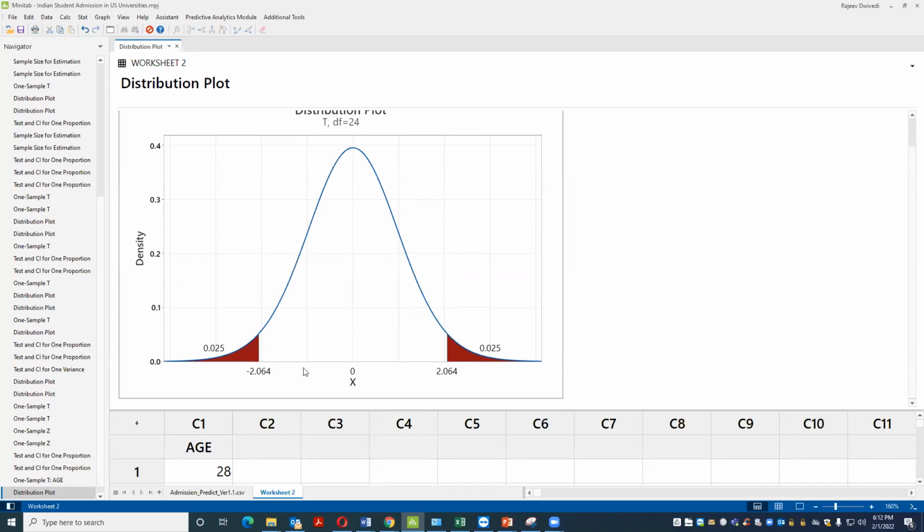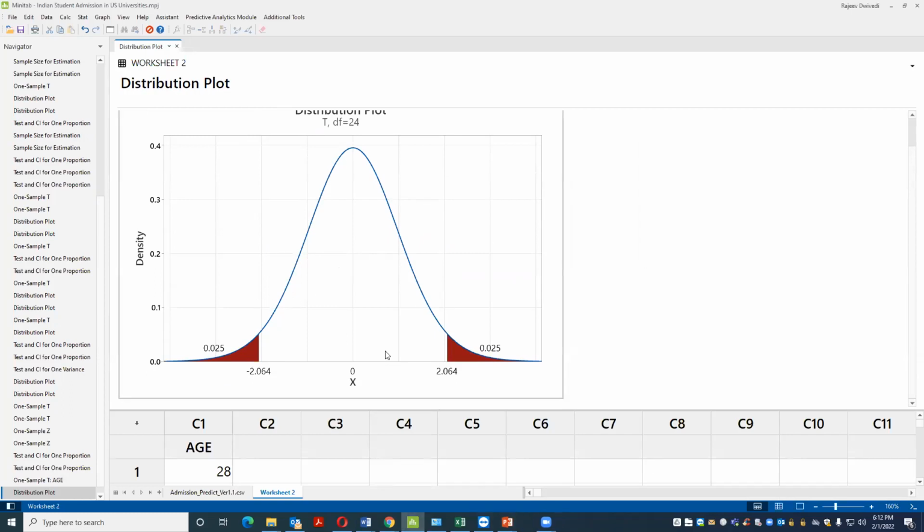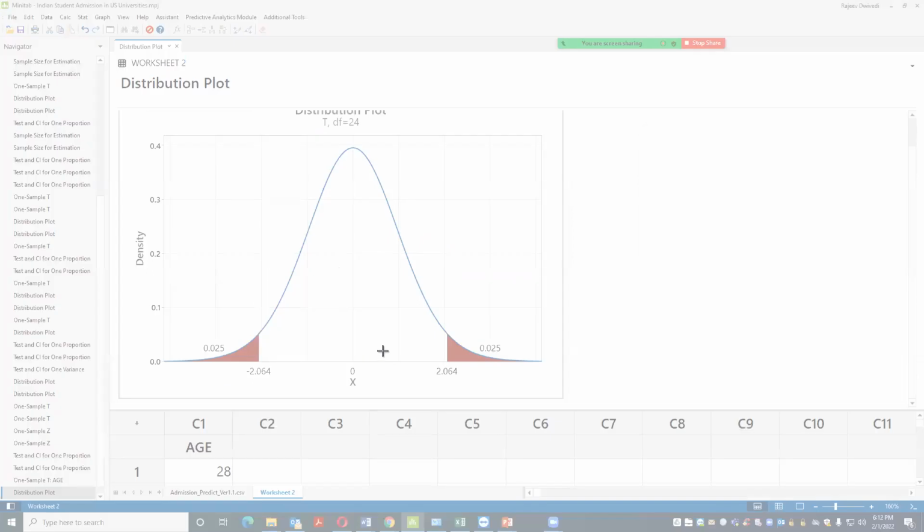Anything between minus 2.06 and this value, my null hypothesis gets accepted. My null hypothesis is accepted.